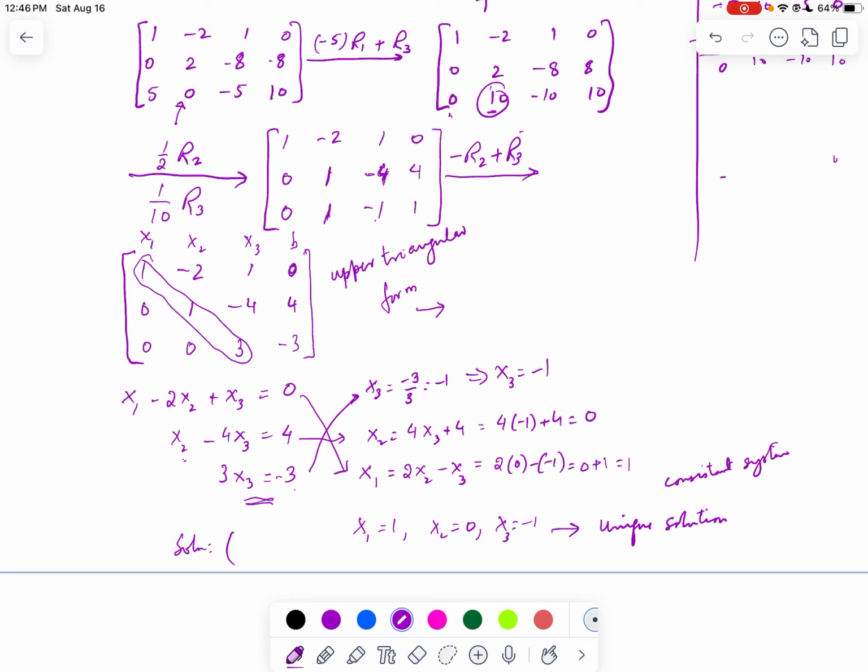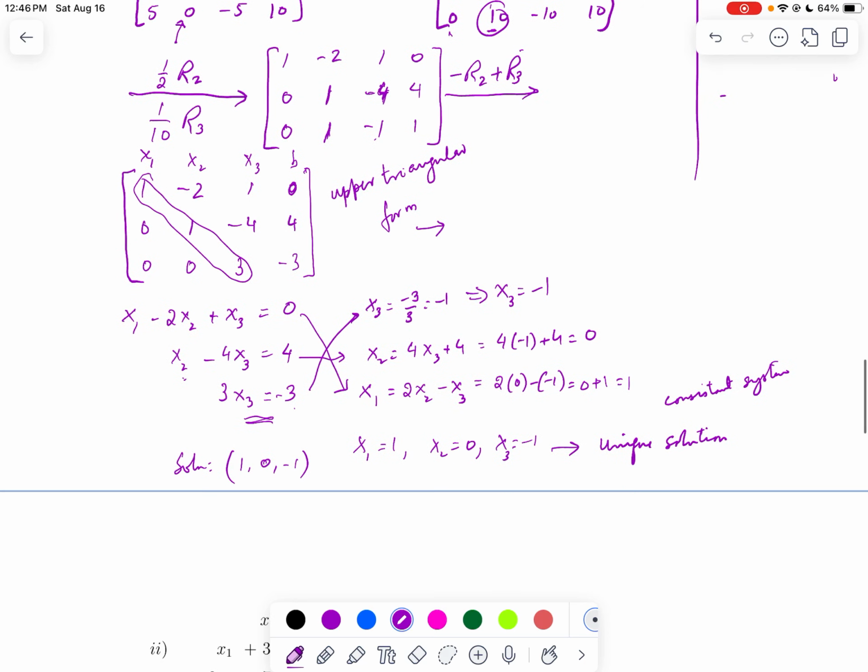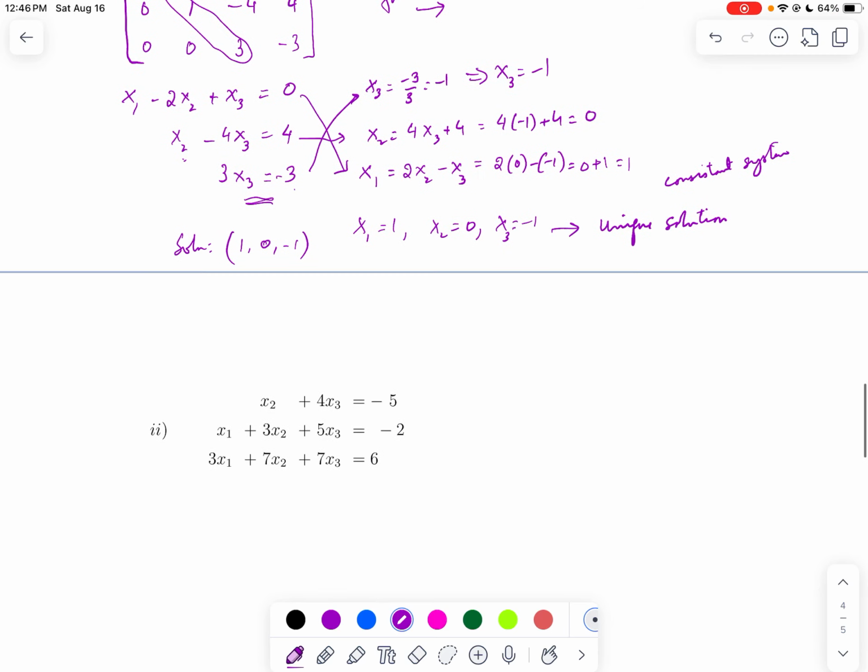We write it as a triplet or tuple: 1, 0, negative 1. And now if you want, you can go back and plug these values in each of these three equations, and it must satisfy them. So this is how we use the augmented matrix to solve the problem.